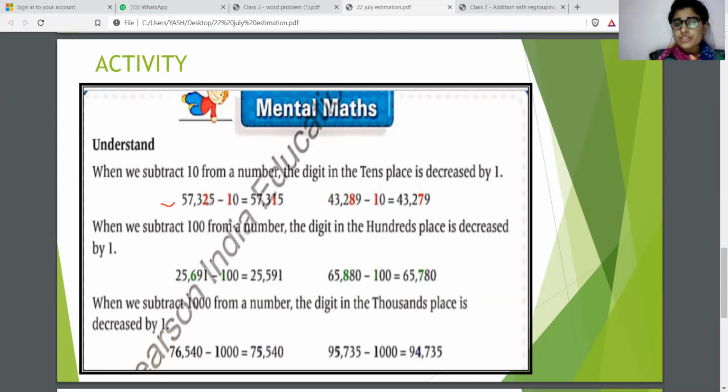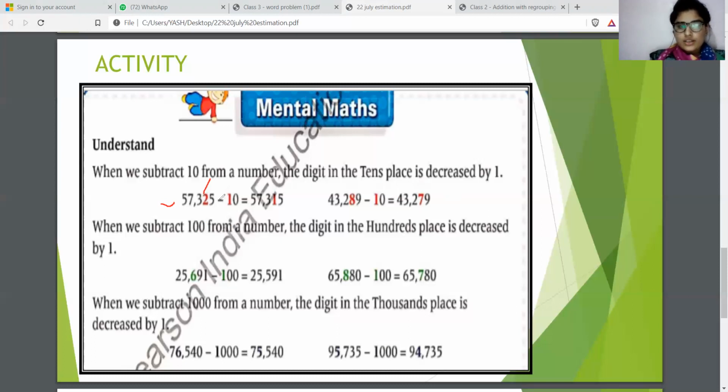Whenever you subtract only 10 from a number, the digit at the tens place will be decreased by 1. Can you see the tens place digit here? 2. So decrease 2 by 1. Just take away 1 from 2.